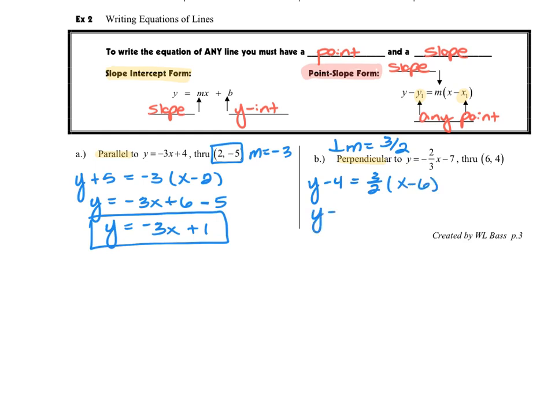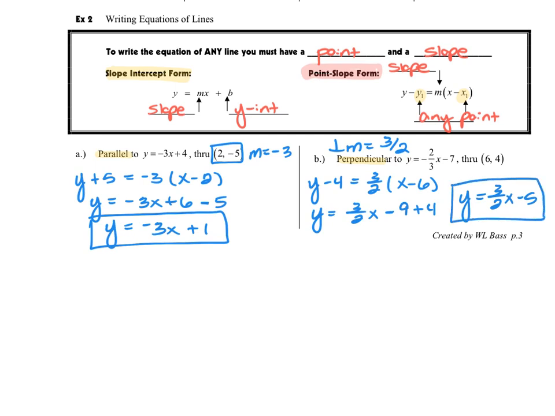So when I start working through this, I'm going to have my 3/2 x, and when I distribute this 3/2 to the 6, what I'm thinking is 2 goes into 6 3 times, and then 3 times 3 is 9. So I'm going to have a y, 3/2 x minus 9, and then I'm going to add that 4 from the other side. So my final answer is 3/2 x minus 5.